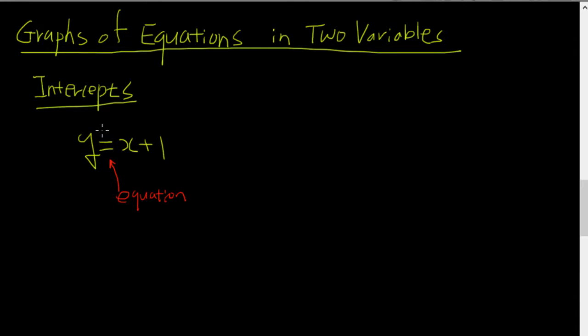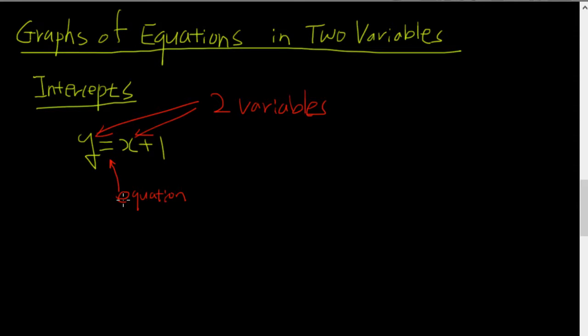And something like this is going to be a two-variable case because we have variable y and variable x. So a mathematical equation that looks like this, we're going to call an equation with two variables.